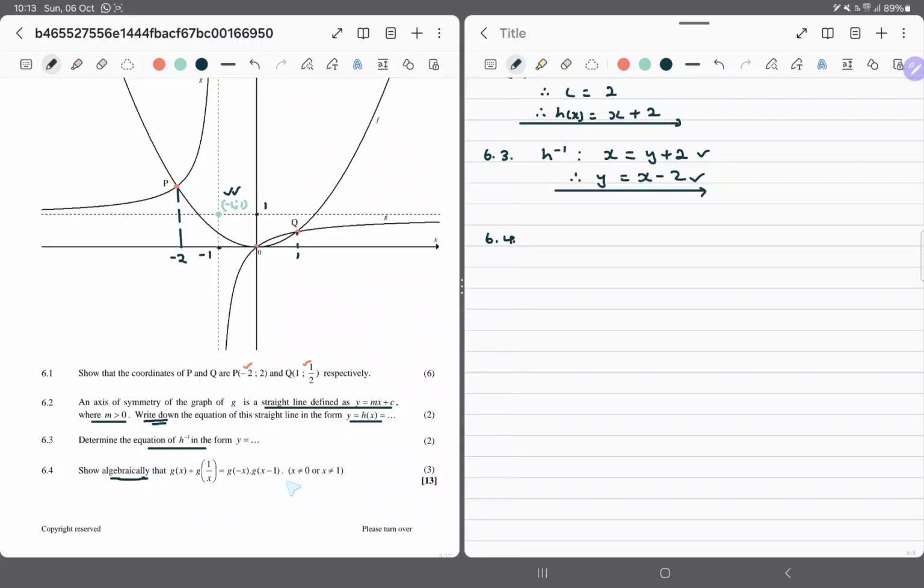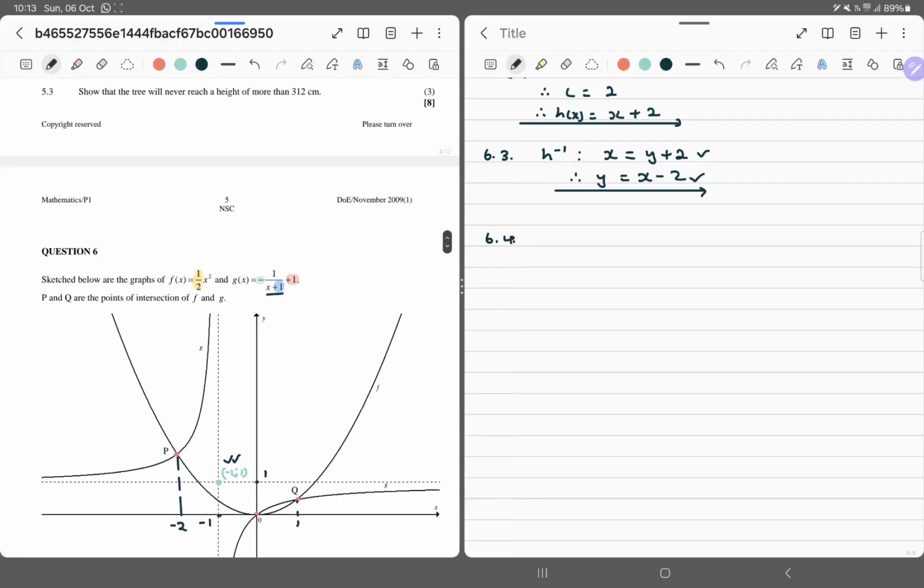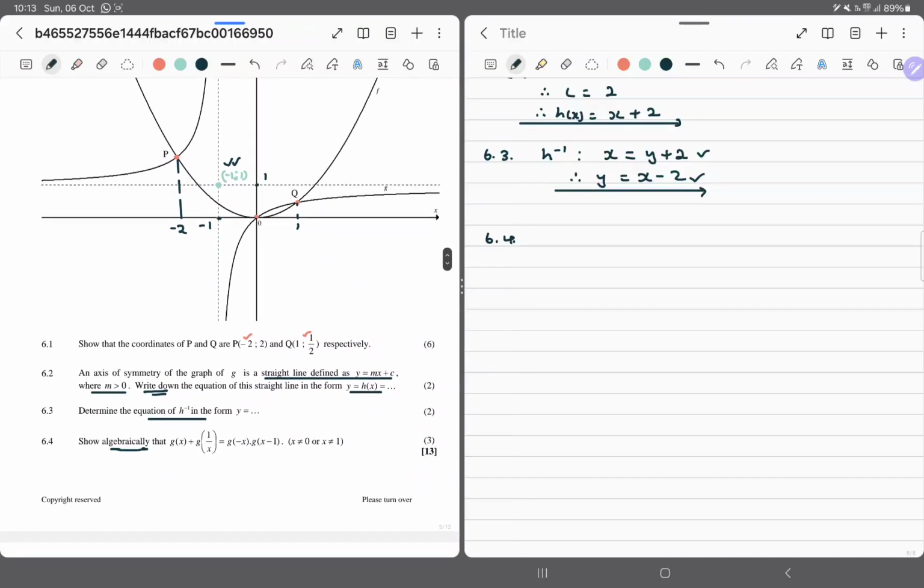Because when x is 0, what happens? This becomes undefined, okay? But when x is 1 in the original, this one becomes 0, so it doesn't work. Okay, great. So now let's have a look.